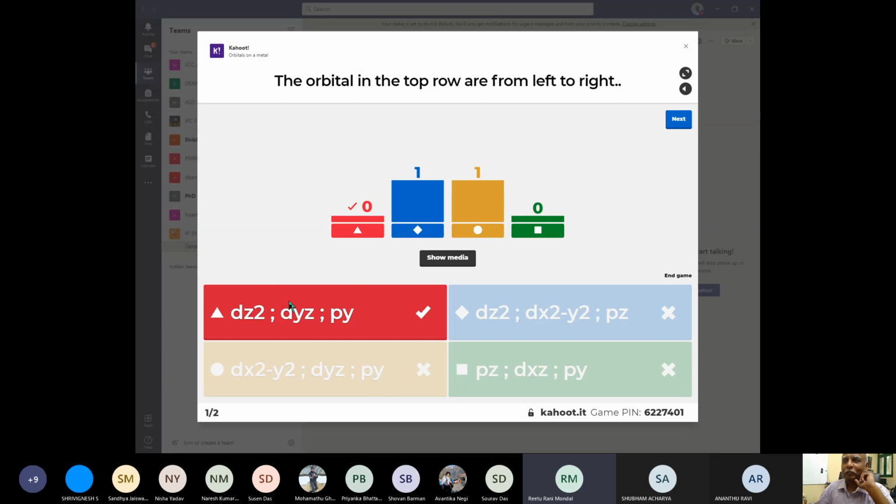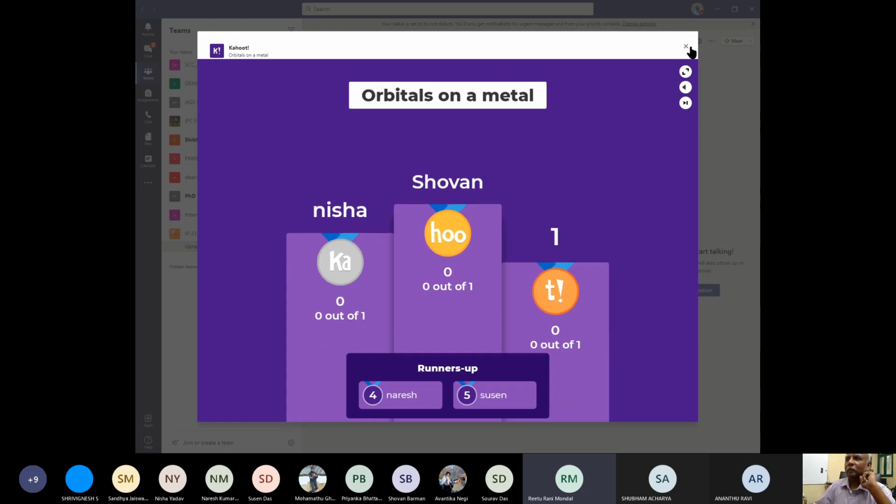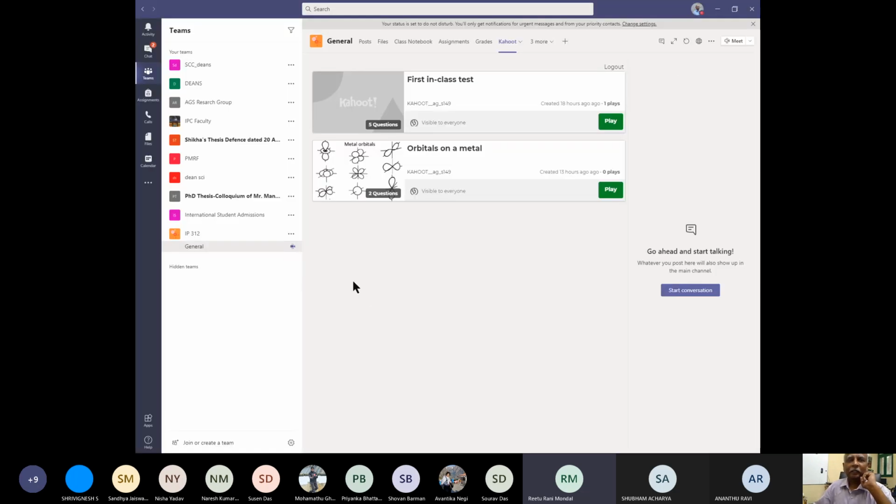So you need two screens in order to play the game, which is not very convenient. So I will try to fix this problem and then get back to you, right? So let's stop here.